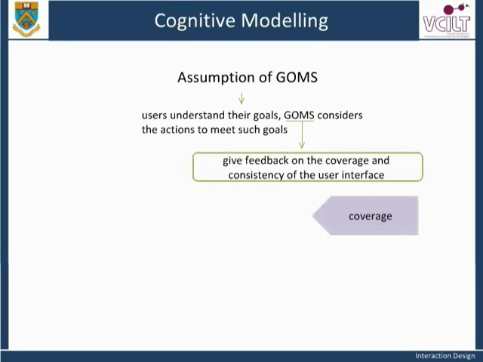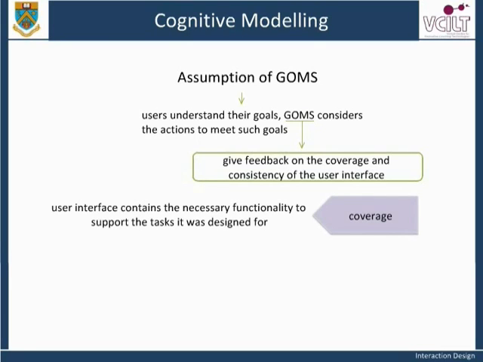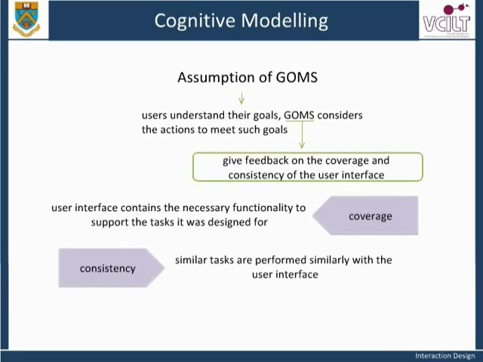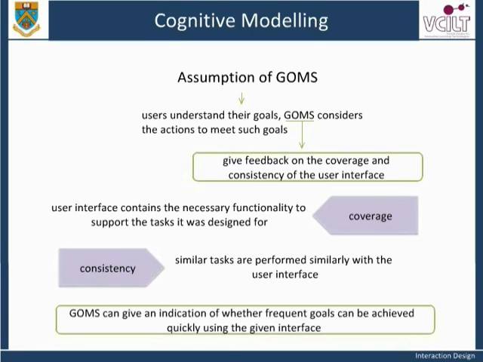By coverage we mean whether the user interface contains the necessary functionality to support the tasks it was designed for. Consistency refers to whether similar tasks are performed similarly with a user interface. Moreover, GOMS can give an indication of whether frequent goals can be achieved quickly using the given interface.